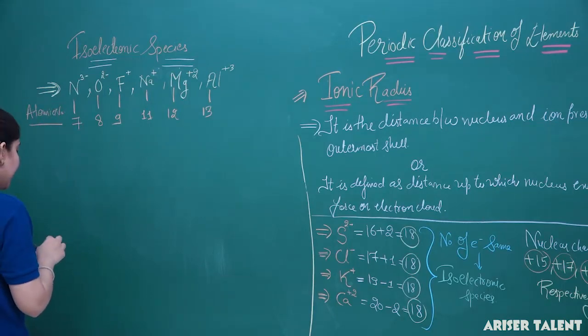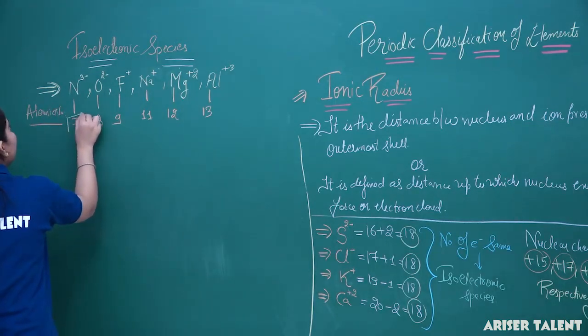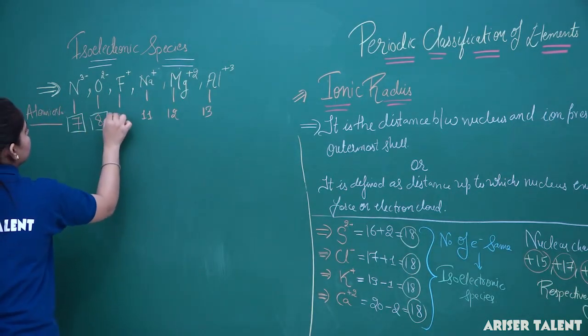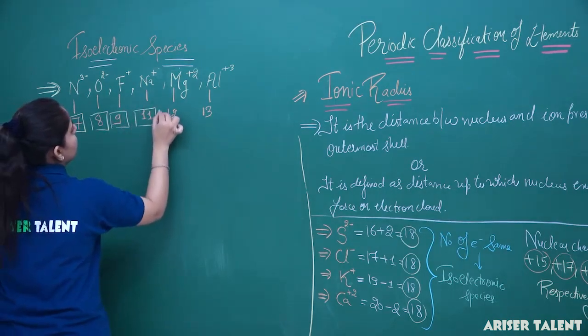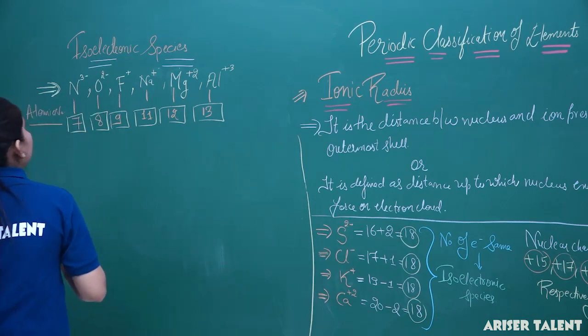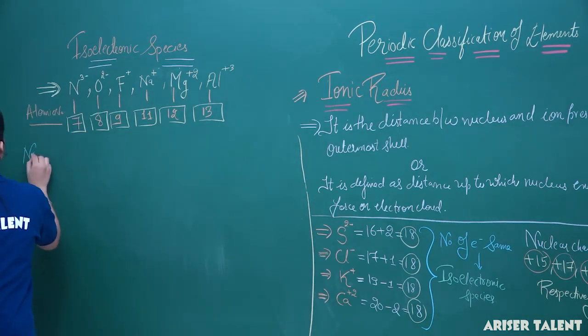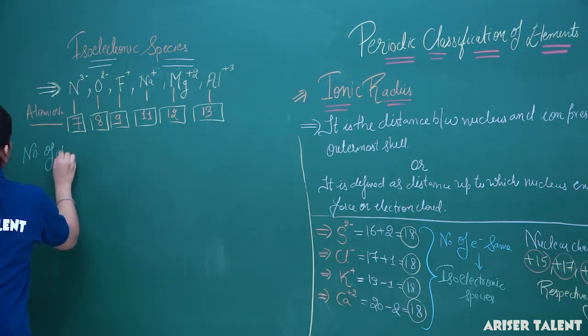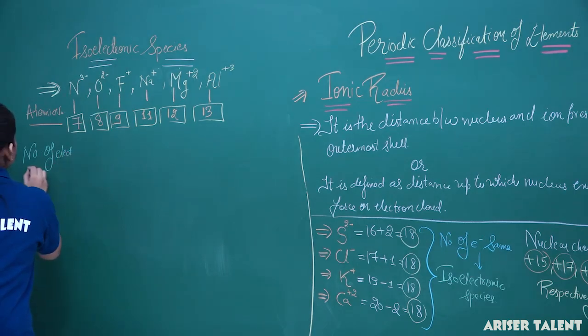Now let us calculate the number of electrons in each case. These are the atomic numbers. Now we are calculating the number of electrons in each case.